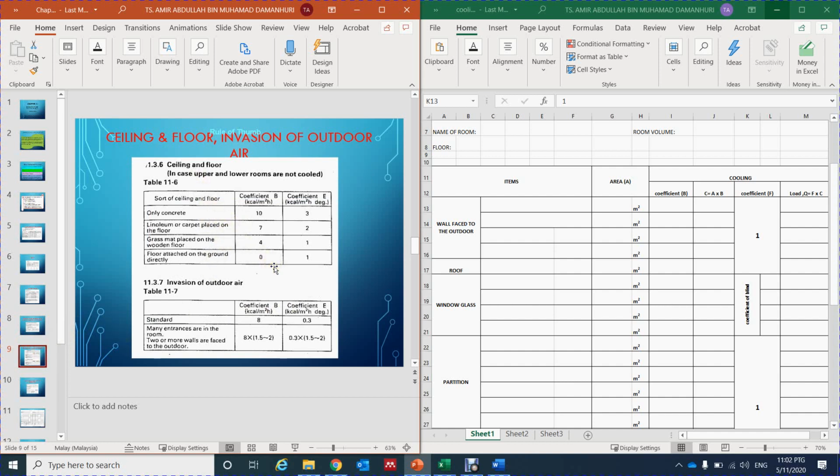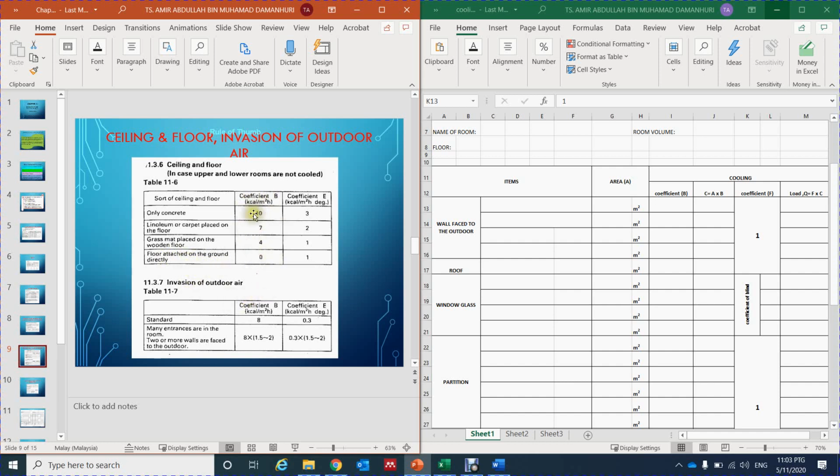In case the room is in the middle of the building, for example, we have a 3-story building, so the second floor will be in the middle of the building. So we don't have any roof, right? So we have only ceiling and the floor. For the floor, we have the material only concrete, linoleum or carpet placed on the floor. Then we have the grass mat, and then floor attached to the ground directly. So usually this one will be referred to the first floor or ground floor.